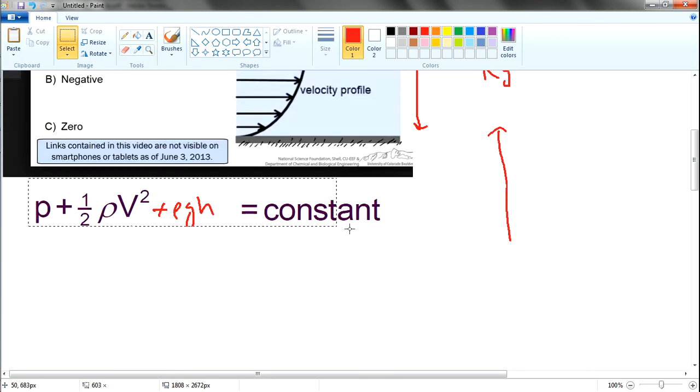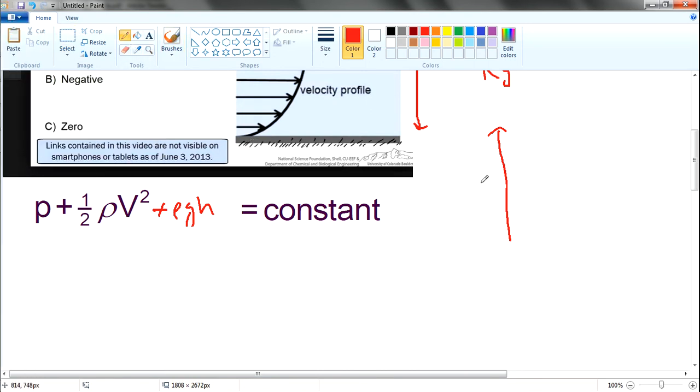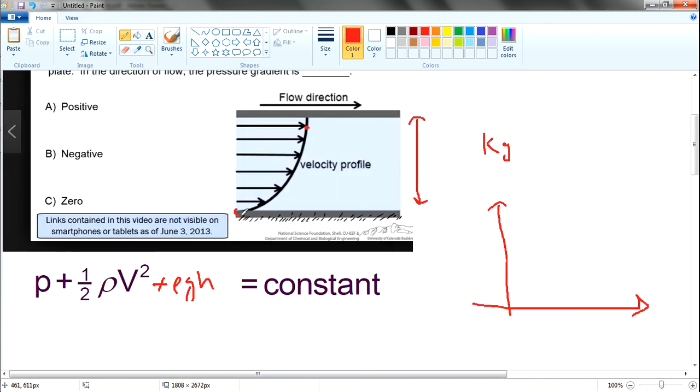So this is the Bernoulli's equation, and therefore if the velocity is increasing, the pressure may drop. So the negative gradient, as we said just now, as the velocity increases. At this point, because we are going upwards from y equals 0 to y equals a, the velocity is 0, so the pressure is at the max in a certain sense.